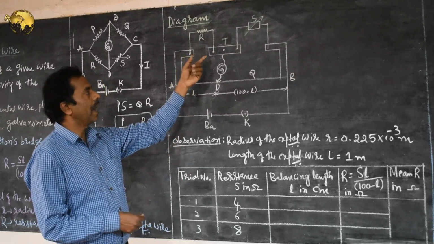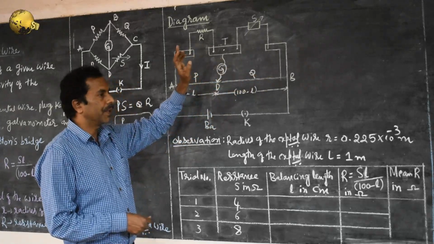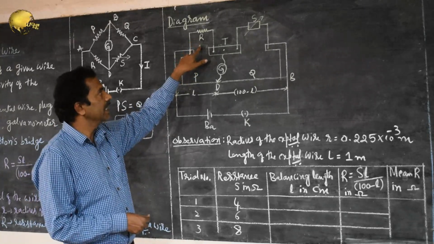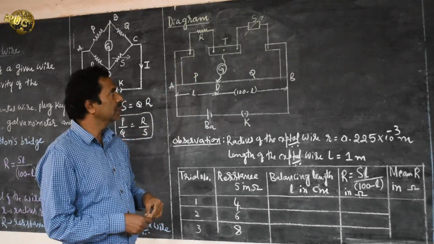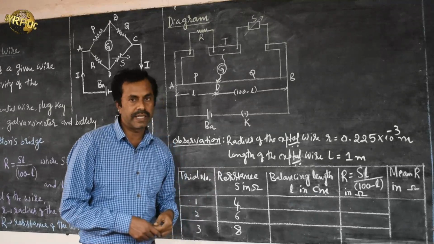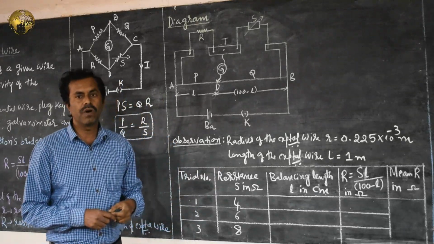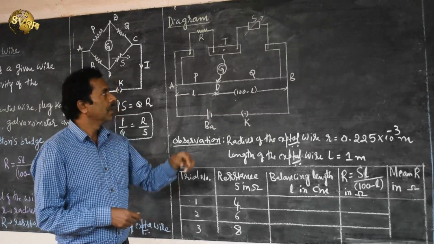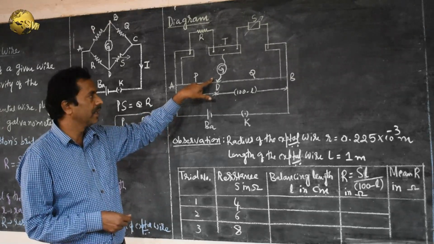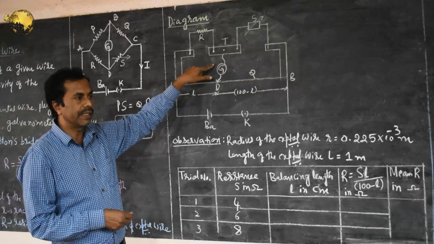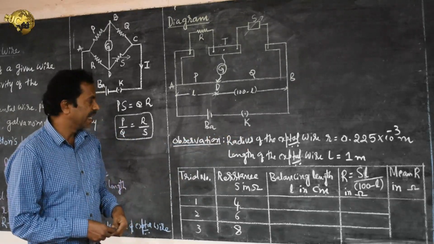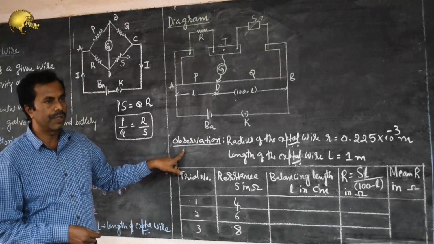In the first gap, we need to connect an experimental wire of length 1 meter, and in the second gap, a resistance box is connected which gives the desired value of resistances. From the central copper strip, a jockey which is a sliding contact is connected through a galvanometer, along with a battery and plug key. Next, we will go to the observation part.